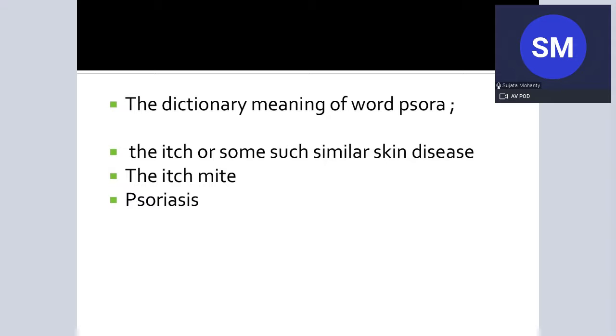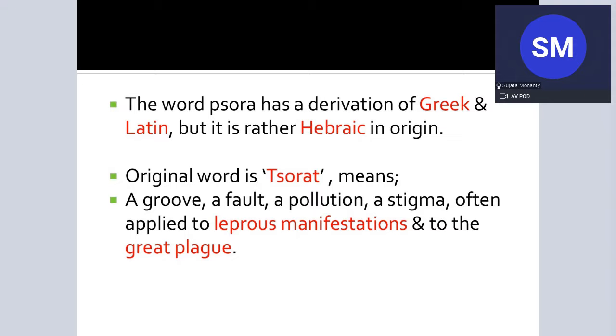First, the dictionary meaning of the word Psora is the itch or some such similar skin disease, the itch mite or psoriasis. The word Psora has a derivation of Greek and Latin, but it is rather Hebraic in origin.